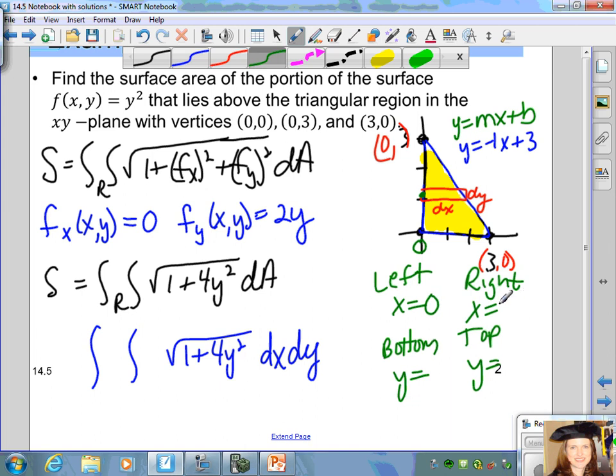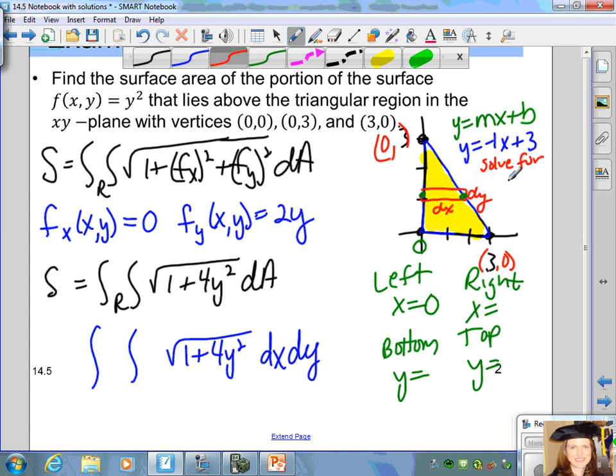To find the right side, we need to find what x equals on this line. If y is equal to negative x plus 3, we can solve this for x.